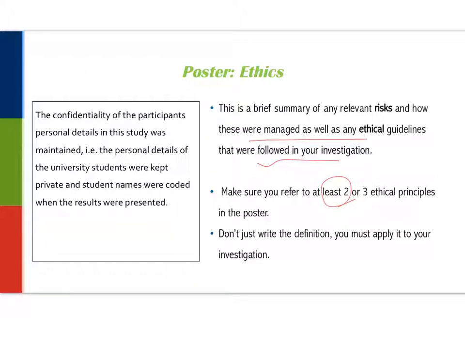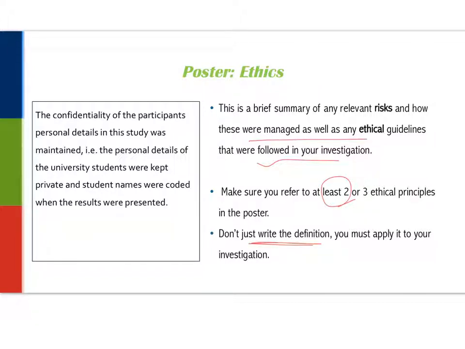Other ones like informed consent, as I've already said, withdrawal rights, debriefing can be a little bit more tricky because they have quite a few keywords that you need to include. So you may choose not to use them just in case you don't get those keywords. And of course, you would not be using deception because we didn't use it. So choose two easy ones that you're confident with.